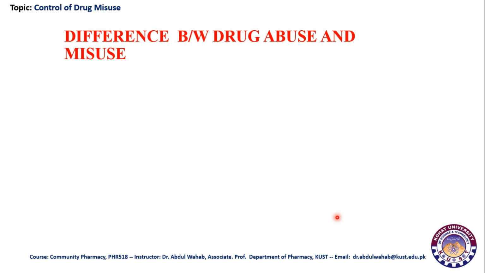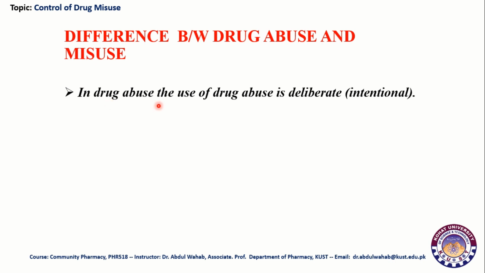Difference between drug abuse and misuse. As I told you, we discussed drug abuse in our previous lecture. So today I would like to tell you the difference between drug abuse and drug misuse.